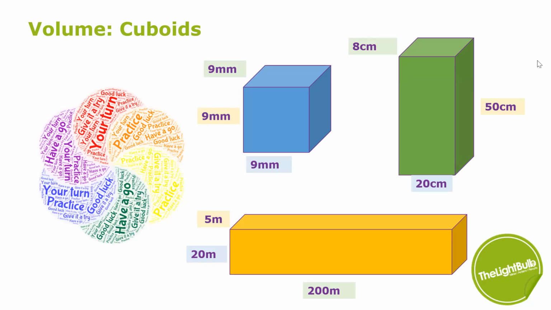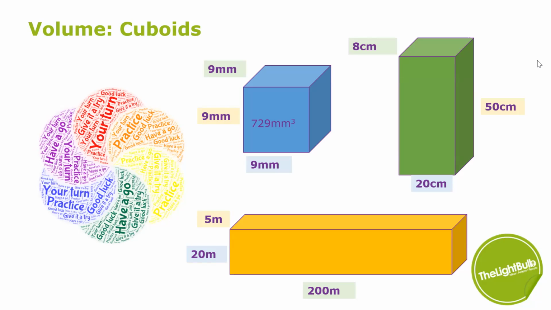Okay, that's 10 seconds. How did you do? Well, if you got 729 millimetres cubed, you'd be absolutely right. Well done. 9 times 9 is 81, times the other 9 gives us 729.